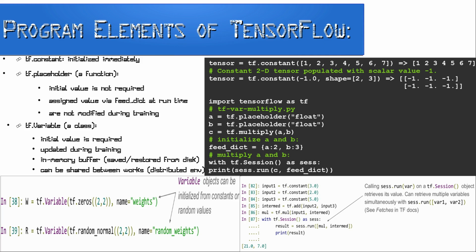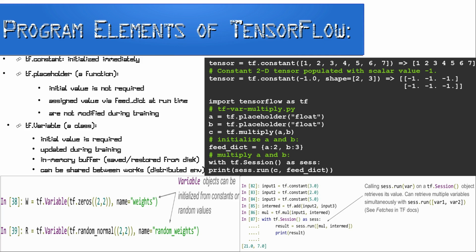With tf.Session as ses, print of ses.run of w1, close the round bracket, ses.run, within round braces tf.initialize_all_variables, close the round braces, print ses.run of w2. Note the initialization step tf.initialize_all_variables, which makes all the variables be updated with values.